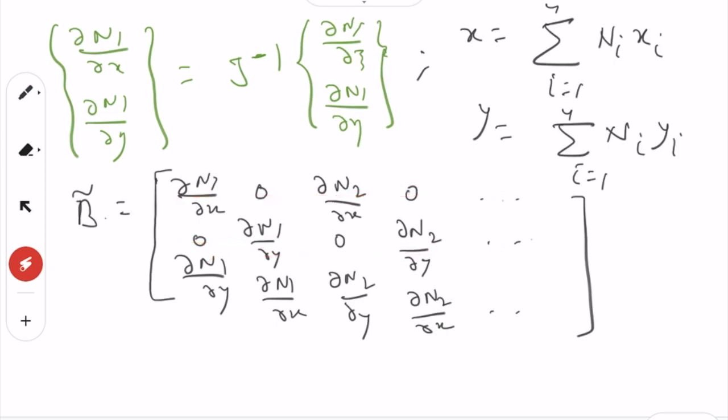In this case, since we have a different kind of formation, we have no other way. First we find out del n1 over del x and del n1 over del y based on the nodal values, and once we find them, we fill in and make the B matrix.